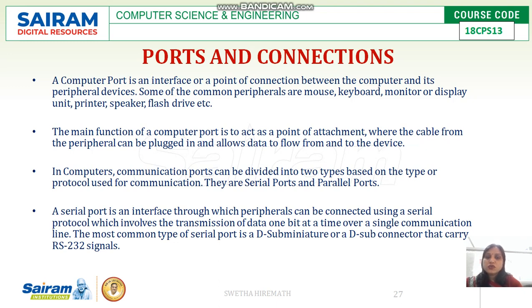Where do we use the serial port, and where do we use a parallel port? Parallel port connections are mainly used in network connections where the systems are very far from each other and you require a large amount of data transfer. Serial port connections are made where the peripheral devices are nearby to our CPU, and only a small cable is required to make the connection between them. So there we have the serial port connections.